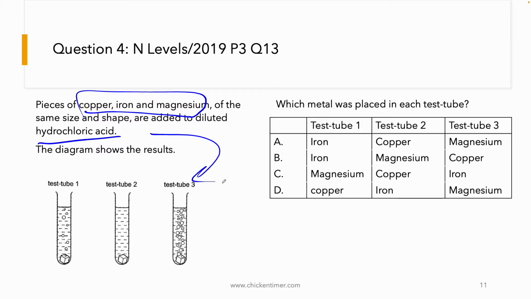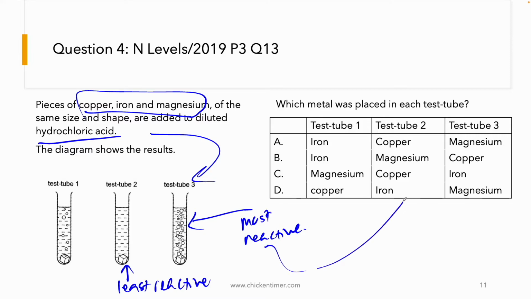Based on the amount of hydrogen gas produced, you can determine which metal has the highest and which has the least reactivity. The metal that has not produced any bubbles is the least reactive, and the one that has produced the most bubbles is the most reactive. So we have this conclusion based on the observation.